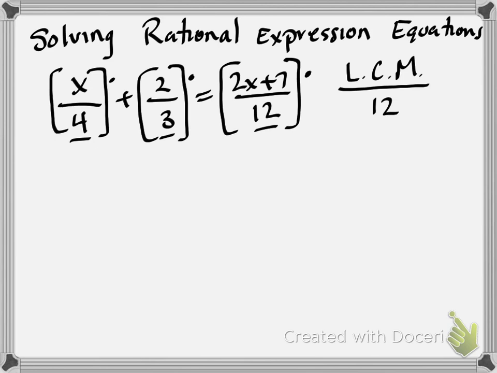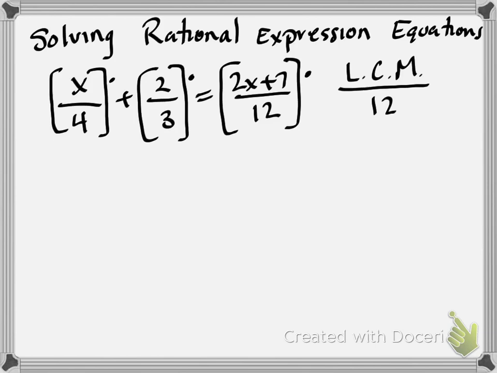I think most students can just look and see that this is the LCM of 4, 3, and 12. If you want me to show you how to do that, you're welcome to leave a question or comment, and I can make a video on how you would calculate that. This is something we've done a long time ago in math. So our LCM is 12.